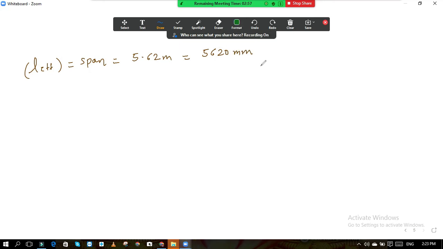Now we will assume the depth of the waist slab.